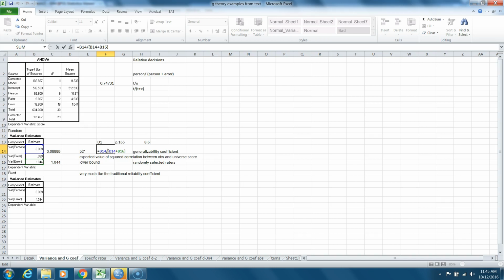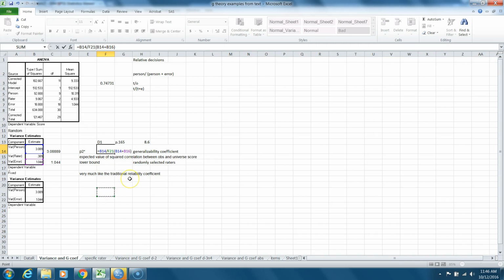The rater is not included. We talked a little bit about this in class with relative versus absolute measures. In this case, for the generalizability coefficient, which is a relative coefficient, everything that entangles person we will include in the denominator, and we'll see later on where we can use an absolute coefficient to entangle all of our error variance.